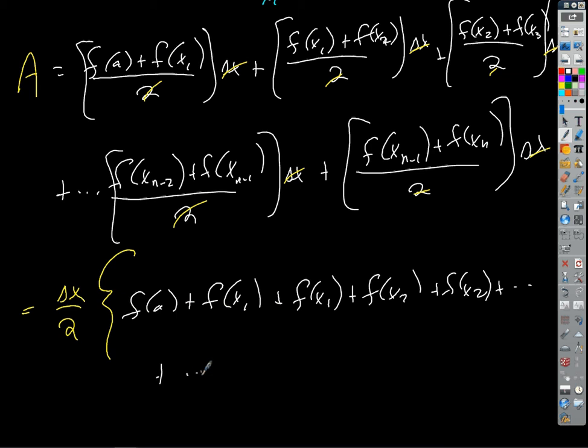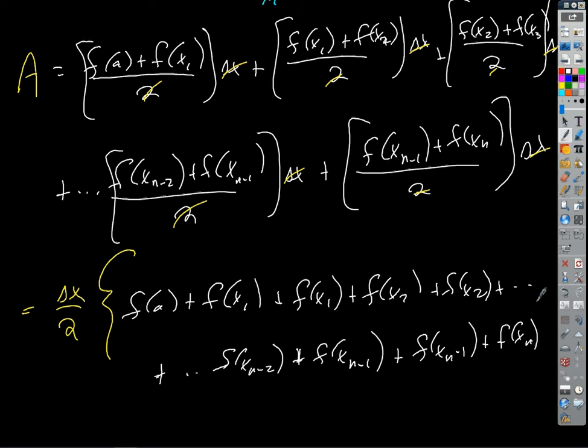Plus, if we take the last two of them, look what we get here. So we're going to get f of x sub n minus 2 plus f of x sub n minus 1 plus the very last one, f of x sub n minus 1 plus f of x sub n.